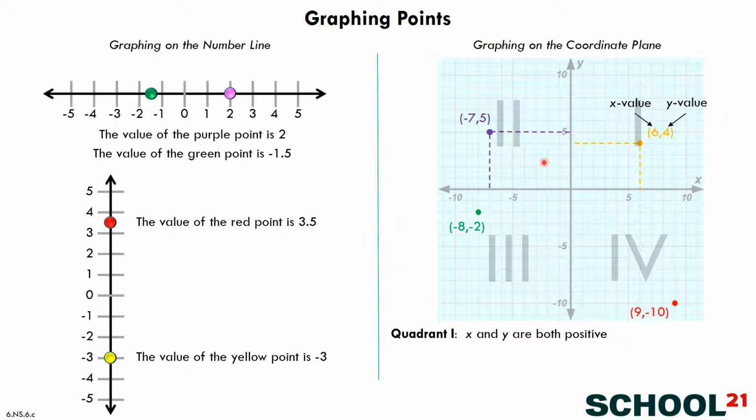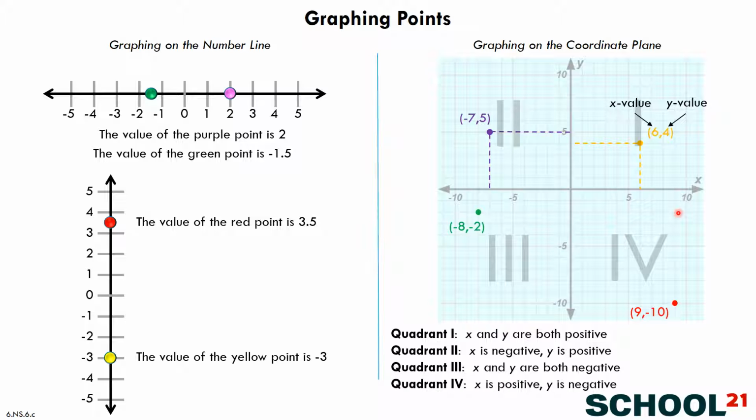The x value has to be negative, and the y value is positive. Good. X is negative, y is positive. How about quadrant 3? They're both negative. Okay, good. X and y are both negative. How about quadrant 4? The x value is positive, and the y value is negative. Excellent. So you can kind of get used to how these different quadrants work.